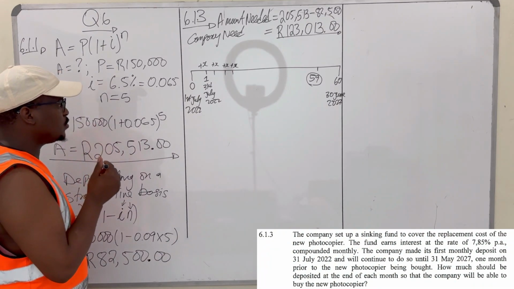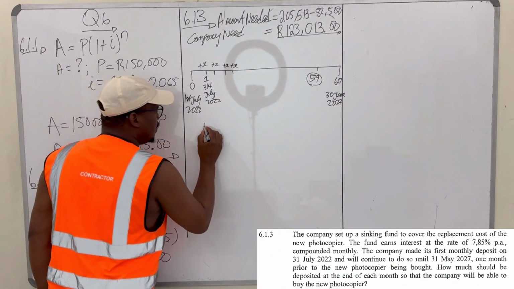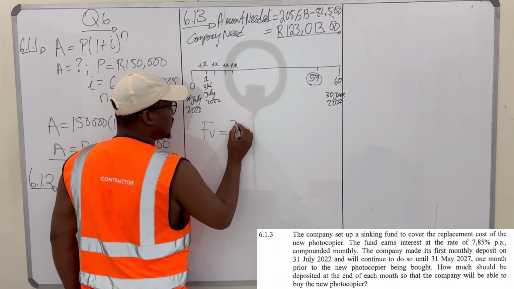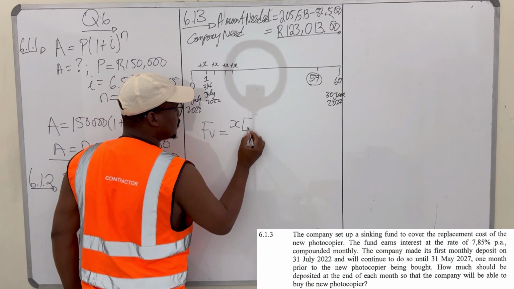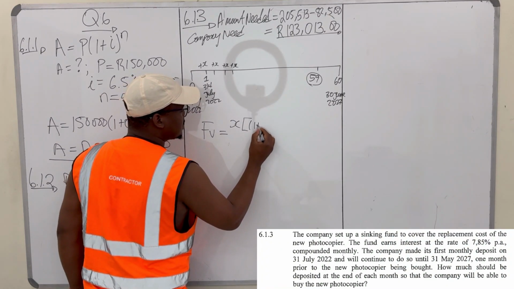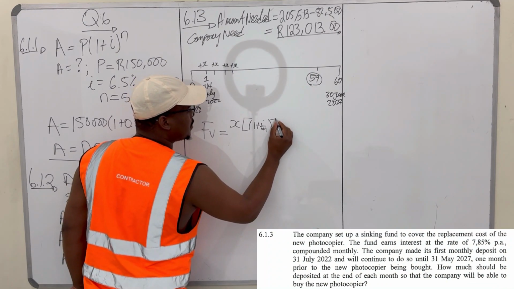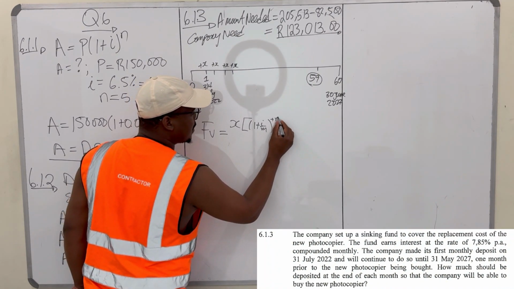So, how do we solve this now? What we do is we'll say, okay, now, future value amount would be called what? X into 1 plus I over M, raise what? Raise the number of payments, right?